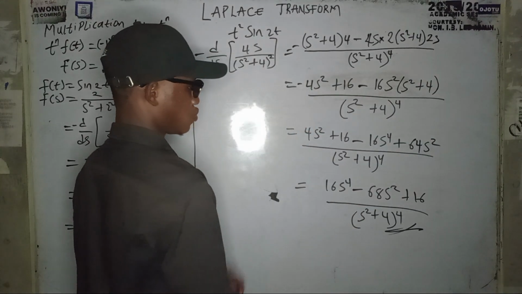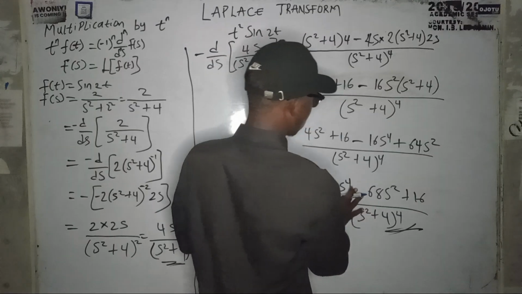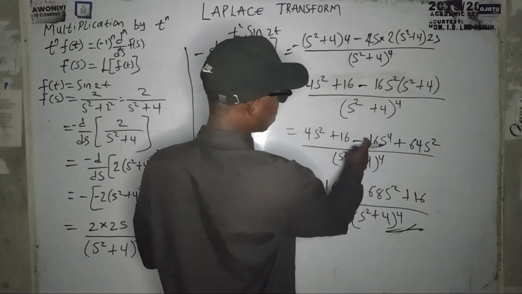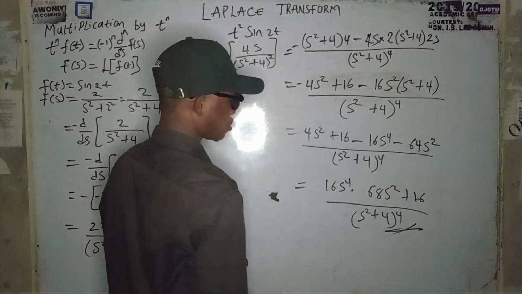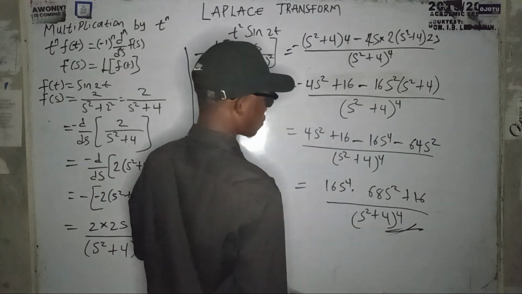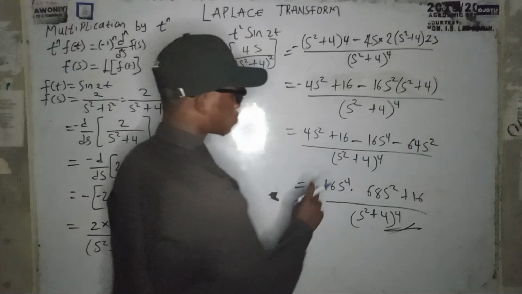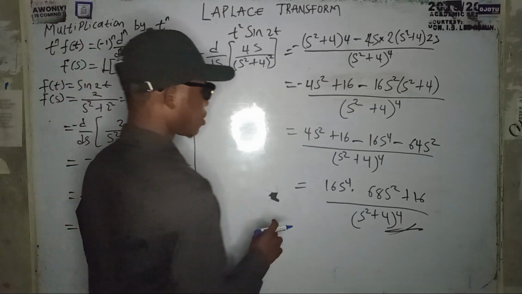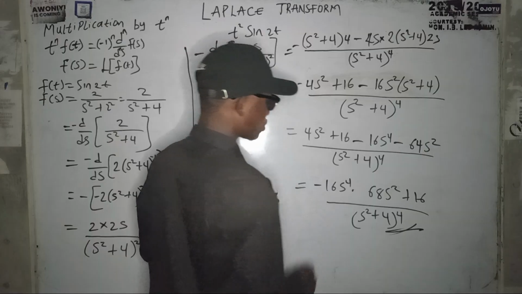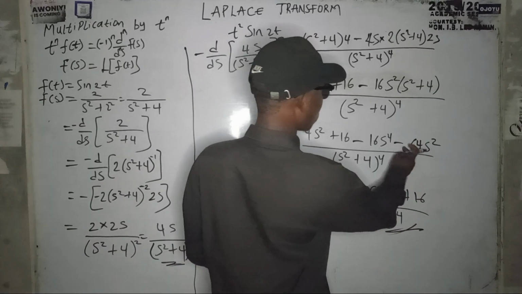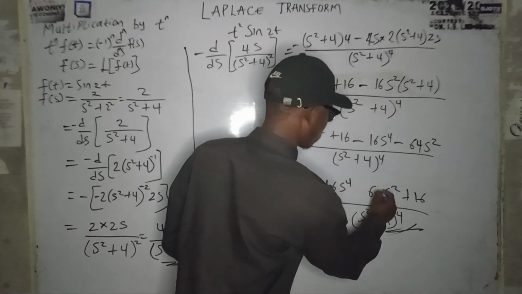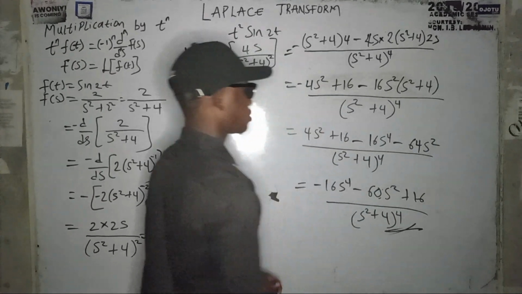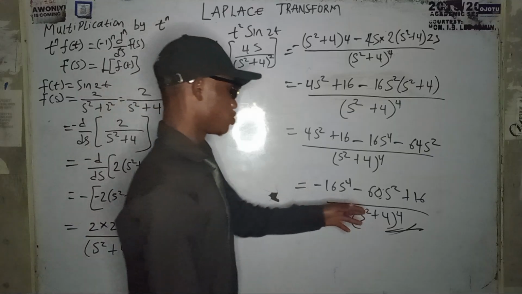If we put our minus here, our minus opens the brackets, and then we should have minus 16s raised to the power 4, minus 64 plus 4, that is equal to minus 60s squared plus 16.